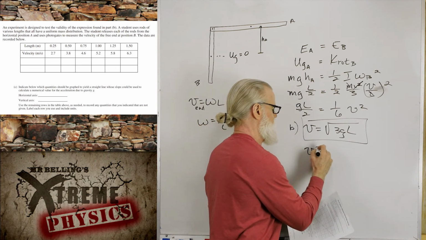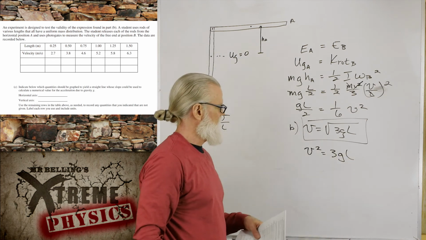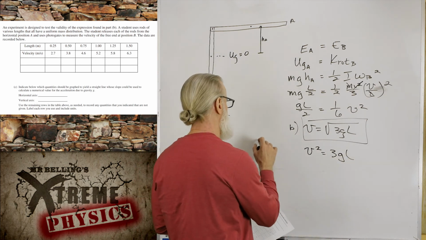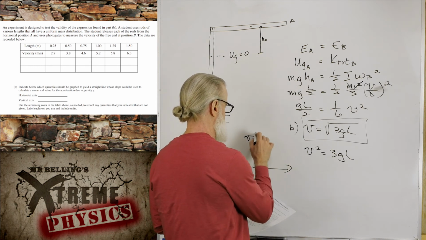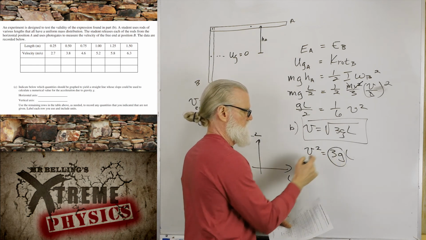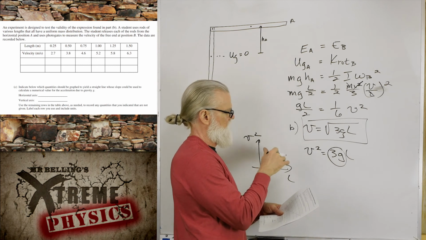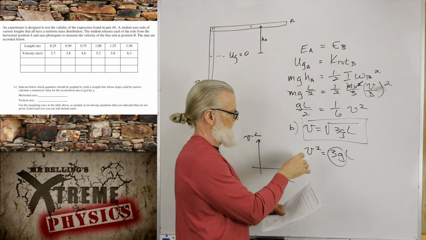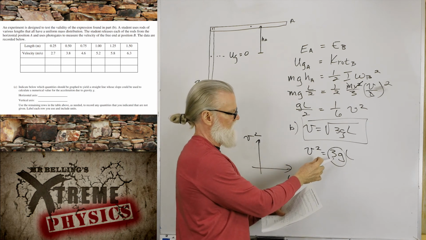I would say v squared equals 3gL. And then I think I would graph v squared versus L. And then this would be the slope, because this would be linear in terms of v squared and L. And the slope would be 3g.